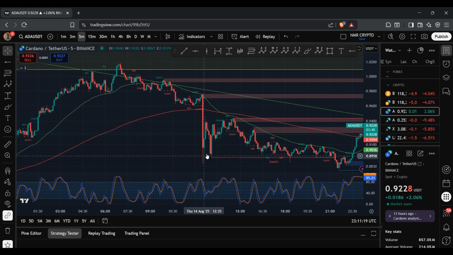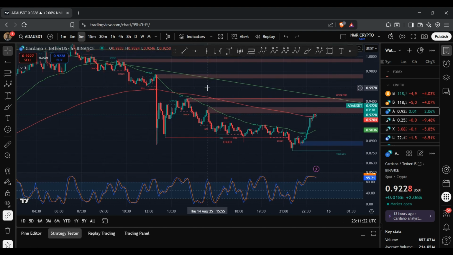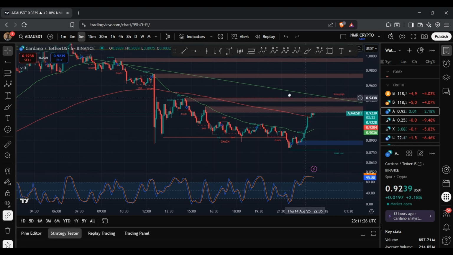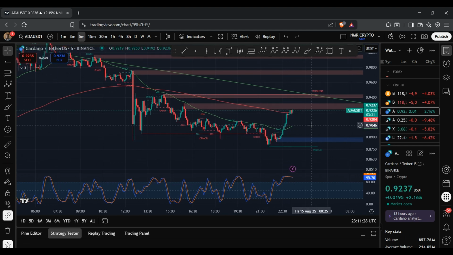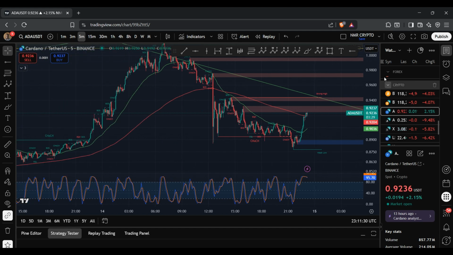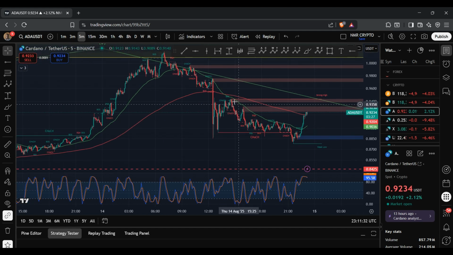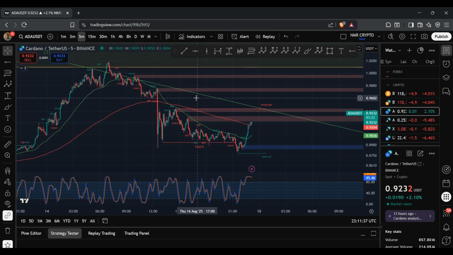And then here we have this impulsive move, and here we have this corrective move that played out, and here it looks like we're having an impulsive move playing out right now. And so what I'm going to be looking for is for us to have bottomed out at this level, and then we see that reversal to the upside.